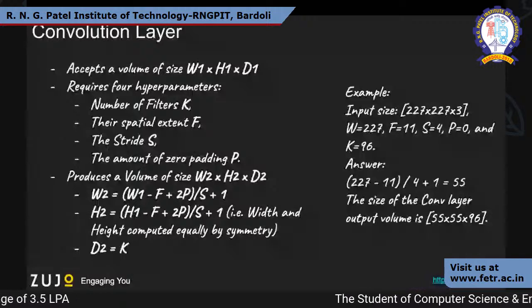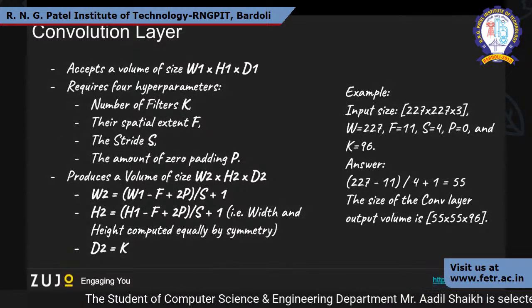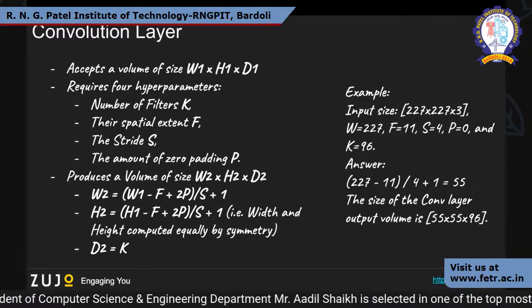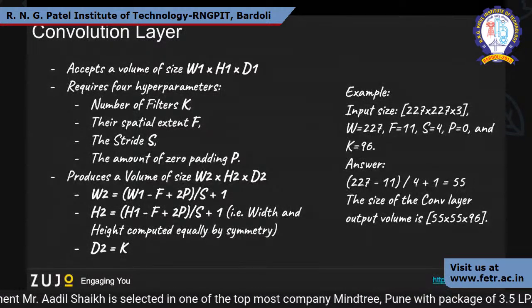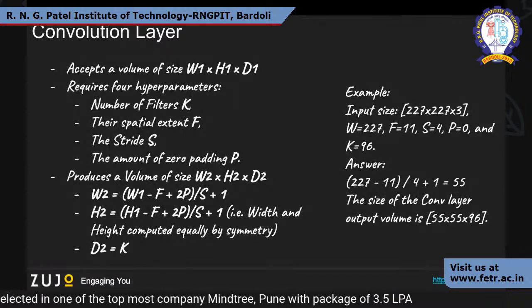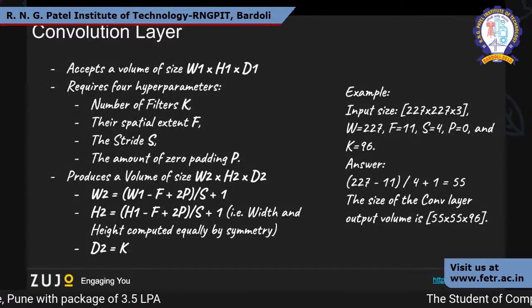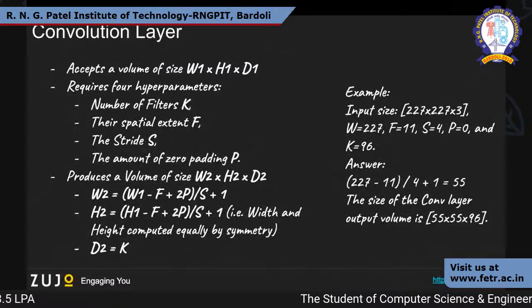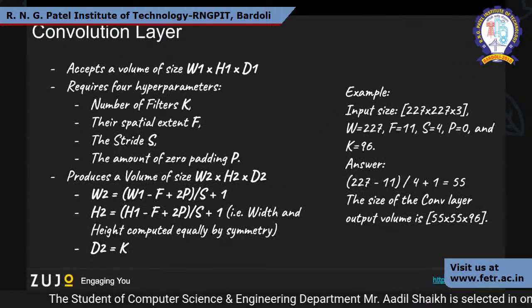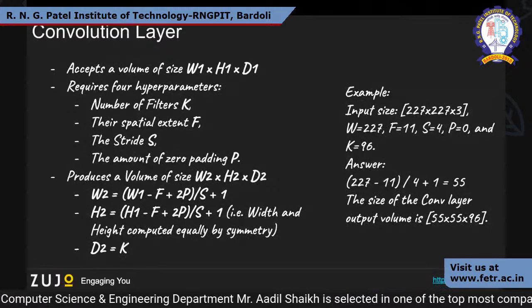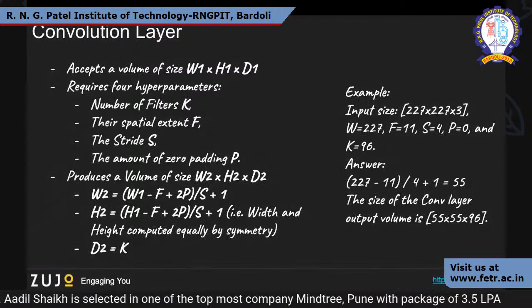It does mean that width and height will be computed equally by symmetry while adding the stride and padding, right? And the last part, D2, the output depth, is basically K. K means the filter. Whatever filter count you are defining as the first parameter of your convolution 2D would be the output dimension of your convolution layer.